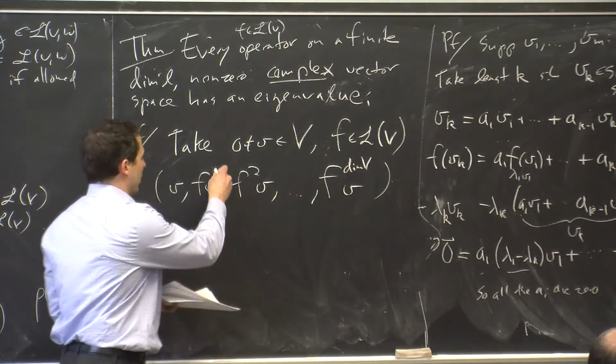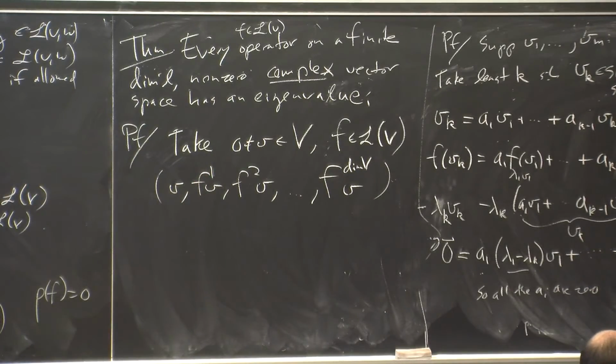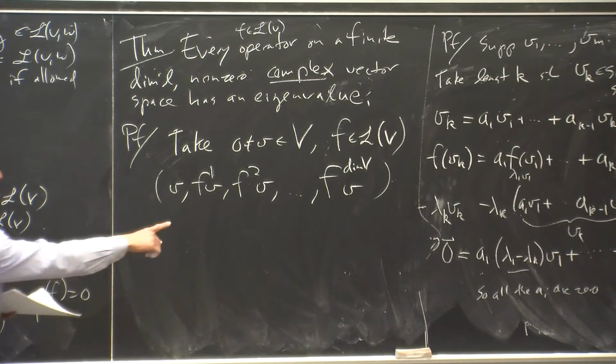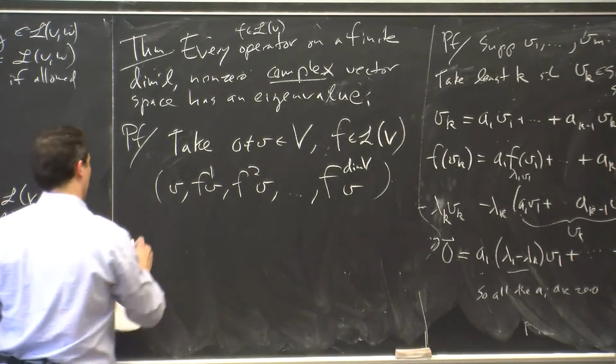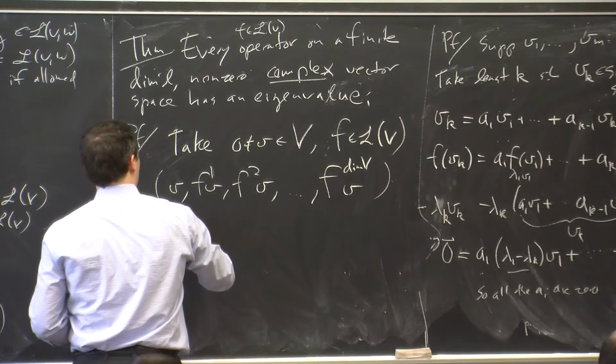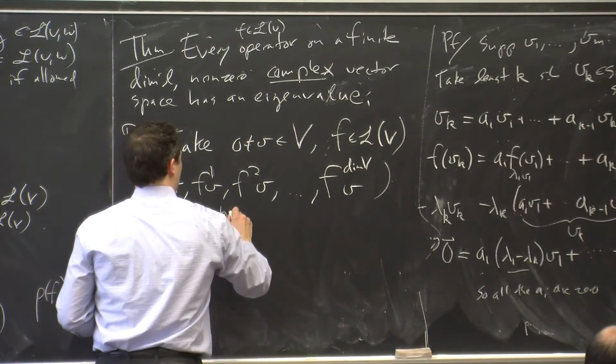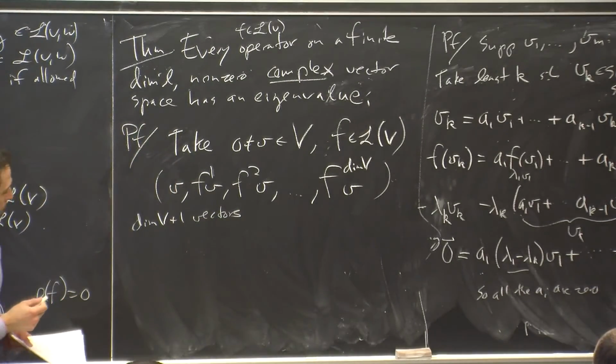Could this list be linearly independent? No, it can't be linearly independent because there are dim V plus one of them. 1, 2, 3, up to dim V plus 1, right? And the length of a linearly independent list is upper bounded by the dimension.